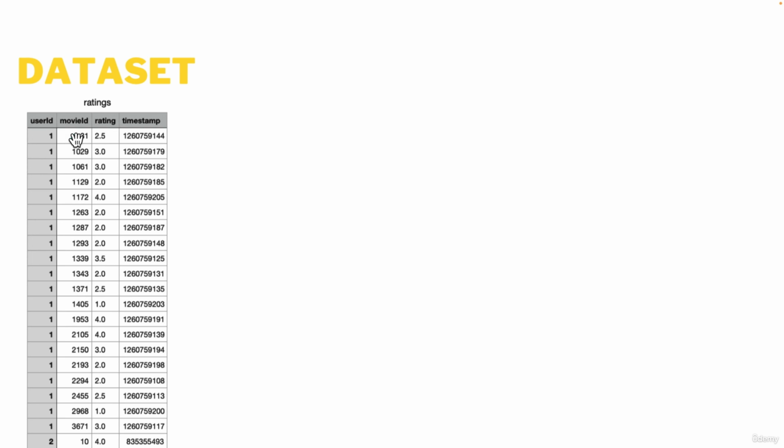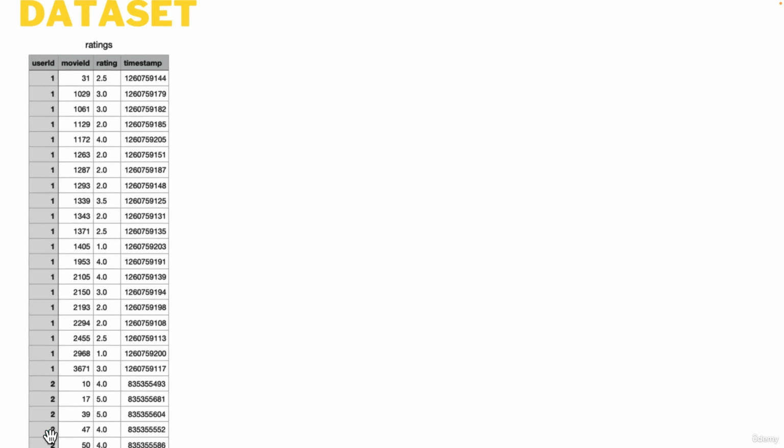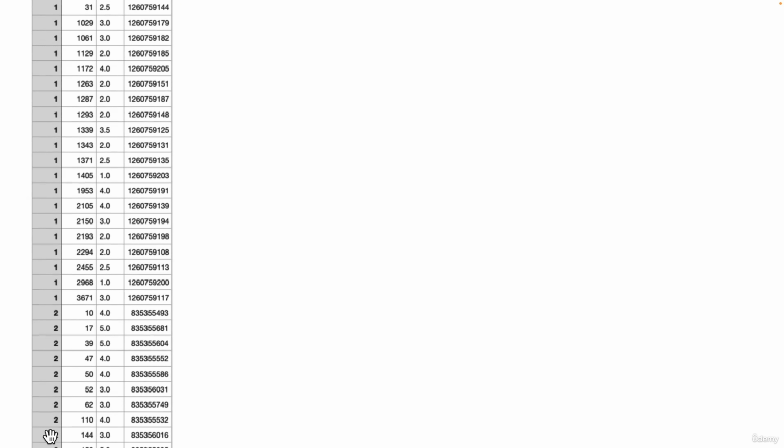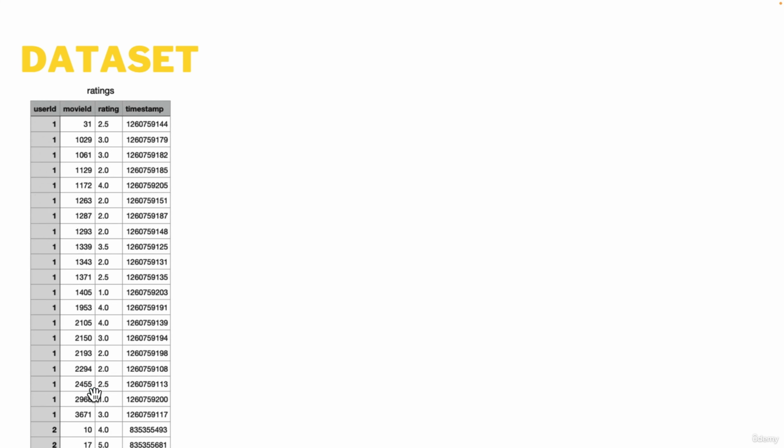So for example, for movie with ID 31, it gave a rating of 2.5 at this timestamp, and then the same user gave this 3.0 rating to this movie with ID 1029, and then we have another user which also has given several ratings, and we have more data. So this is the data set we have.